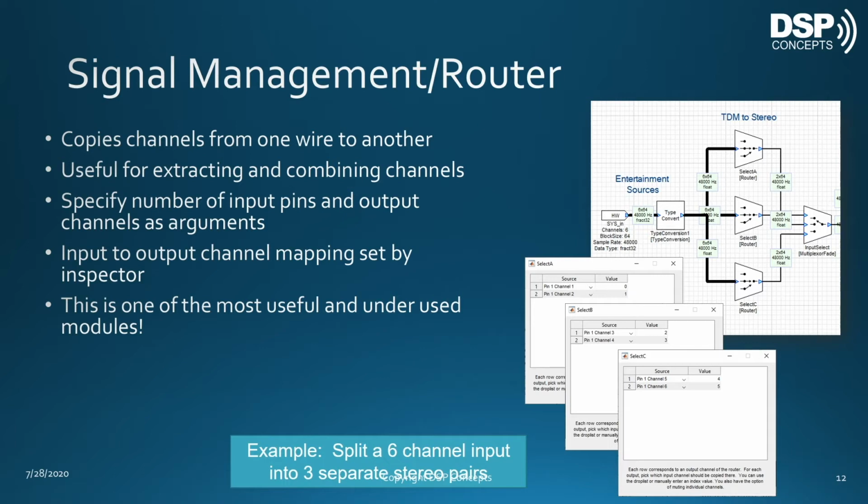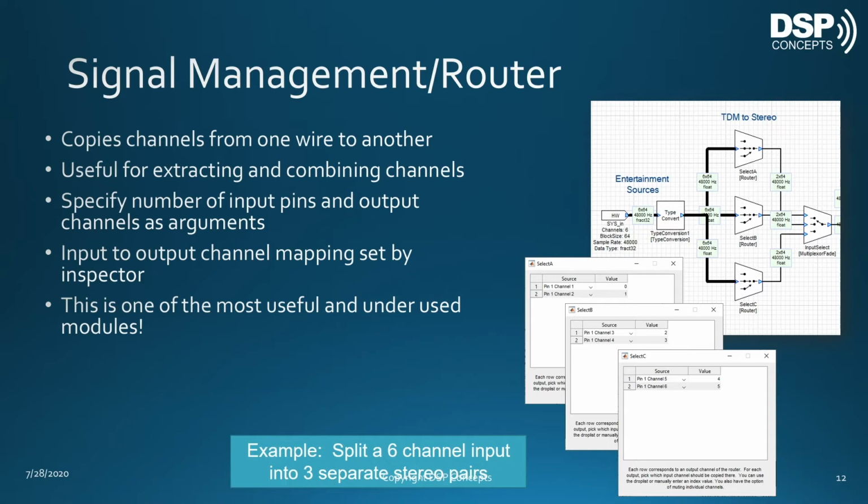The example on the right shows you how to split a 6-channel input into 3 separate stereo pairs. So the input to each of the routers is a 6-channel signal, and that represents 3 stereo sources. So the first router, select A, selects channels 1 and 2. Select B selects channels 3 and 4. And the last one selects channels 5 and 6.